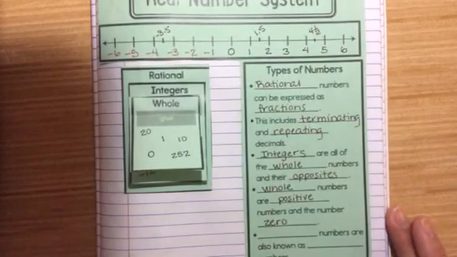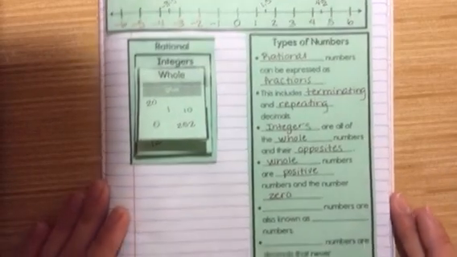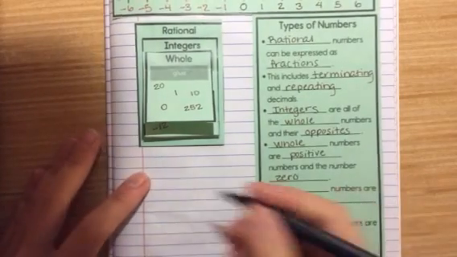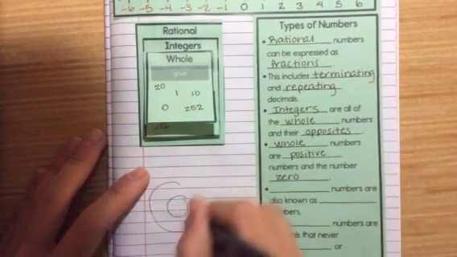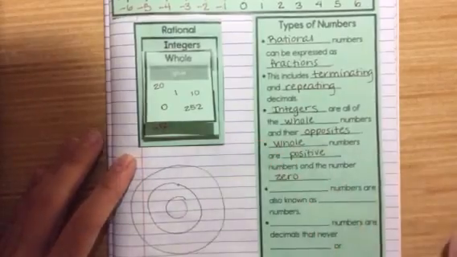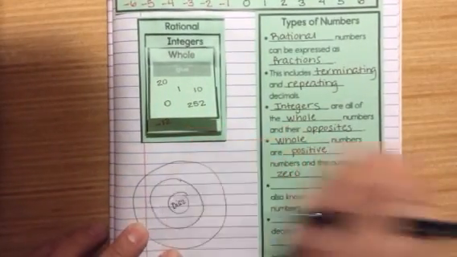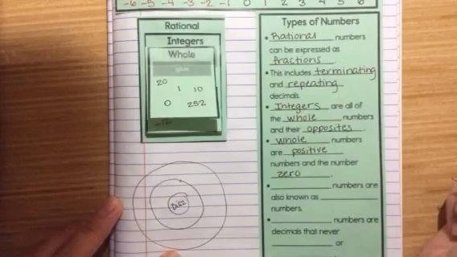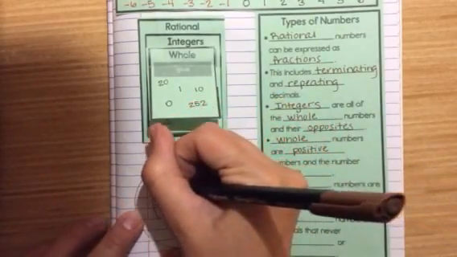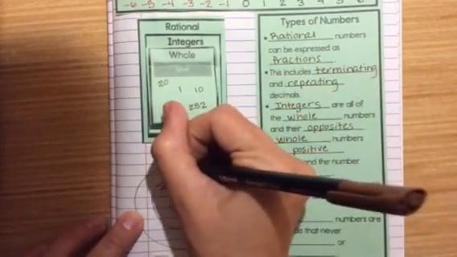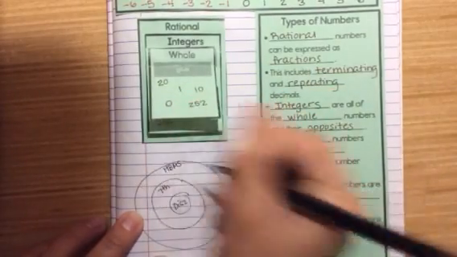Now I know sometimes it's a little bit hard to understand, so let's go with a school example. Let's imagine that this small circle represents the math students in Ms. Diaz's class. The next circle represents the students in 7th grade, and the next circle represents the students at Hudson Bend.